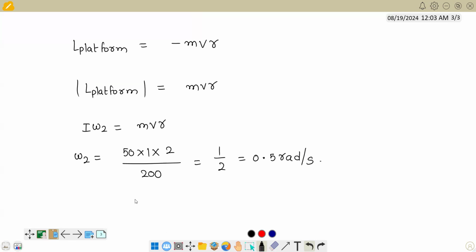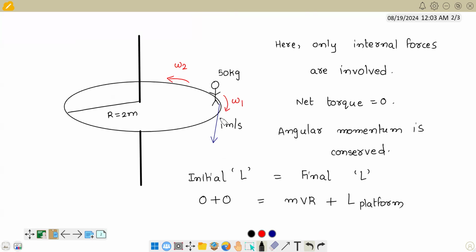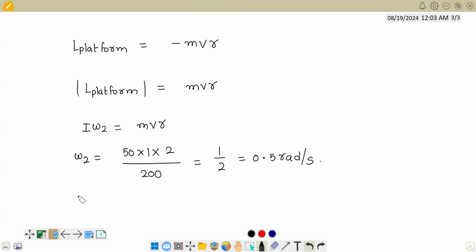So the platform is rotating with 0.5 radian per second in the opposite direction. The person is walking forward, the platform is rotating backward. We know omega 1 is V by R, so V is 1 and R is 2. So this is also 0.5 radian per second.